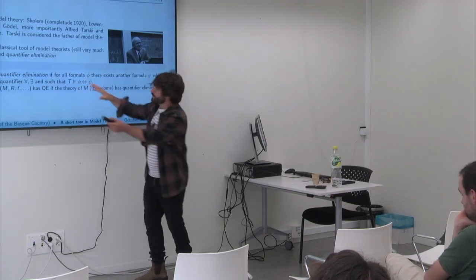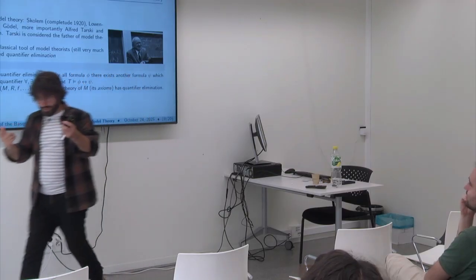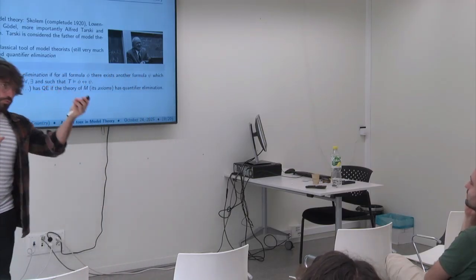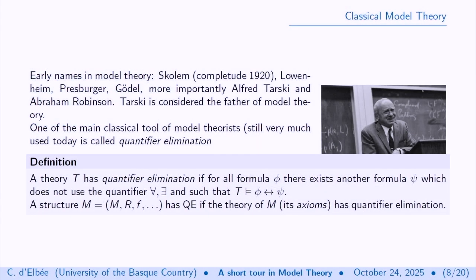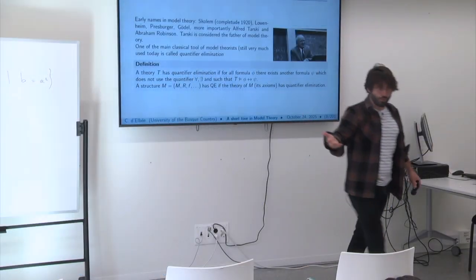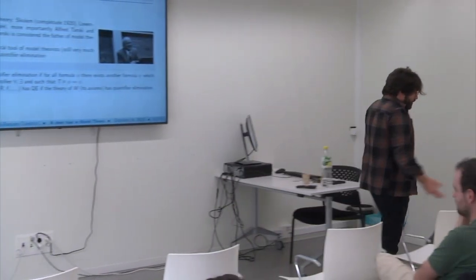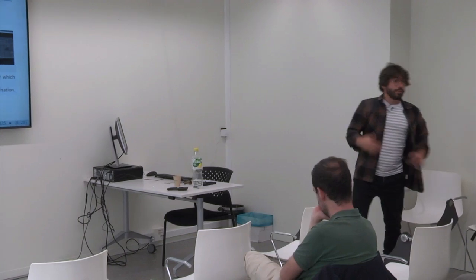Let's rephrase: a theory has quantifier elimination if every time I have a formula, there is another one which is equivalent, but this other one doesn't use quantifiers. I will call it a quantifier-free formula. And obviously, a quantifier-free formula should be a little bit easier.